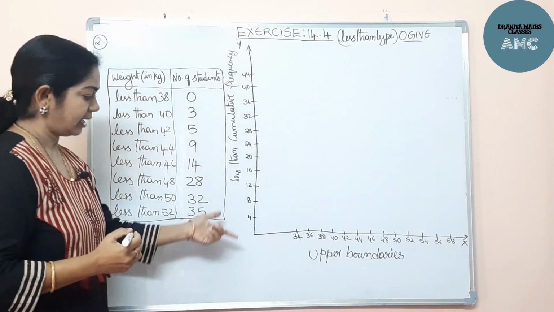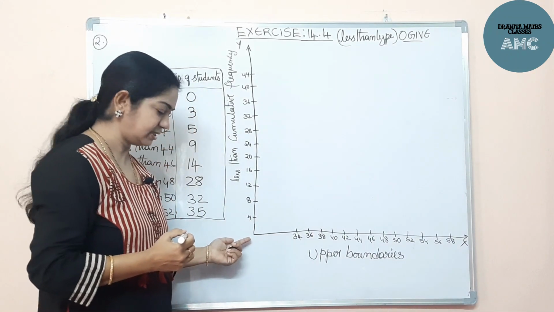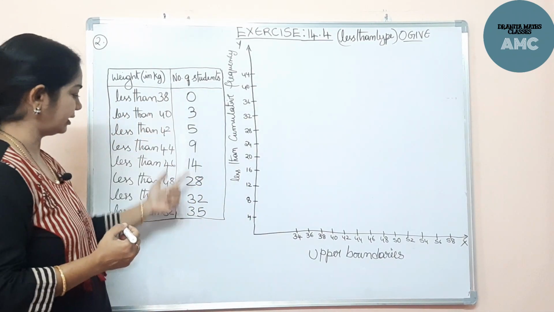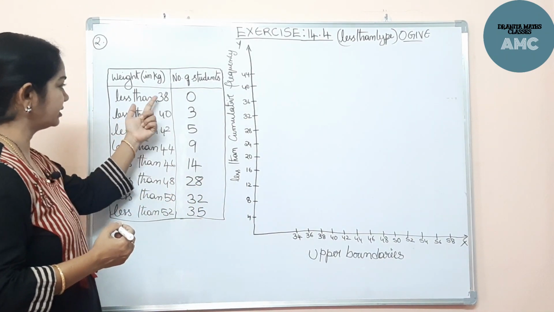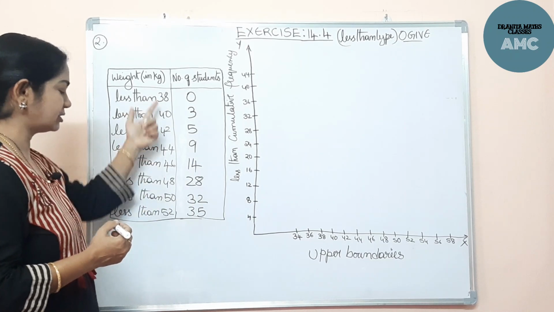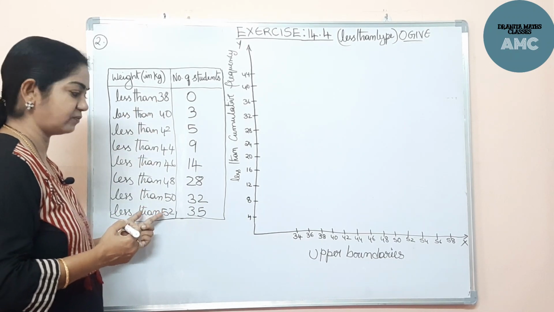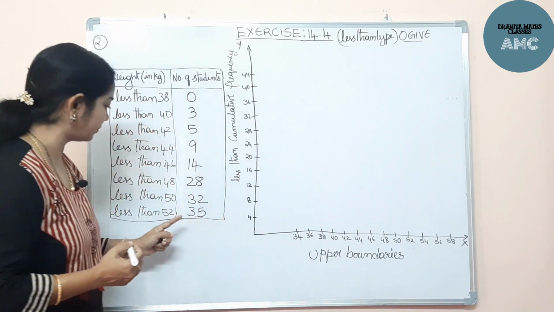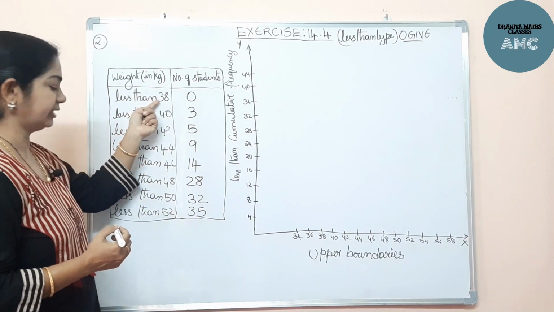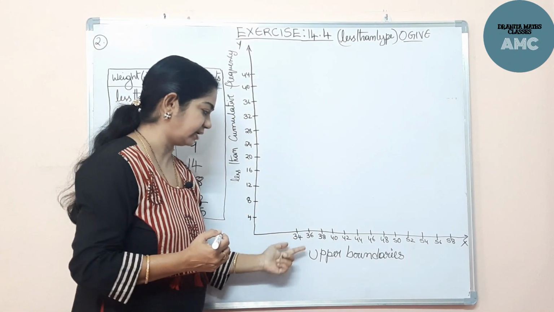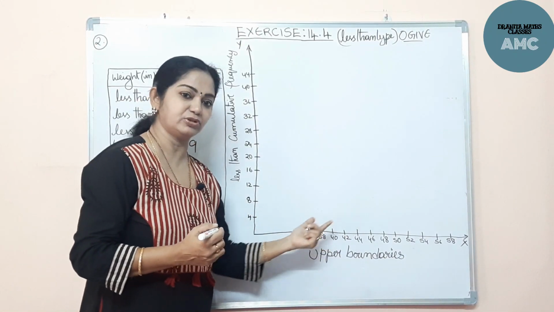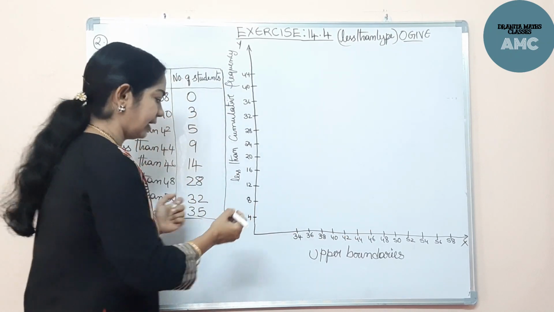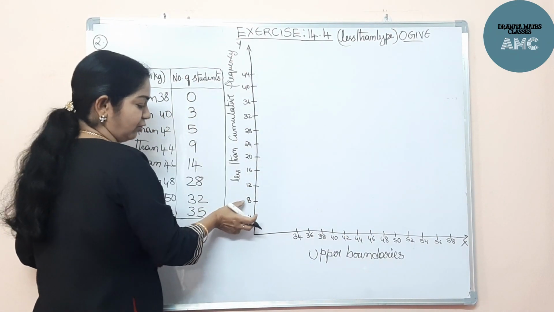Now, I have not started with 0 or 1 because our values are somewhat different. Here it is 38, 40 like that, so it is not from 0 or from 1, so I have left some space. I have started with 34 because the least one is 38. For every centimeter I have taken 2 units on the x-axis, 34, 36, 38, whereas on the y-axis we have taken 4 units.